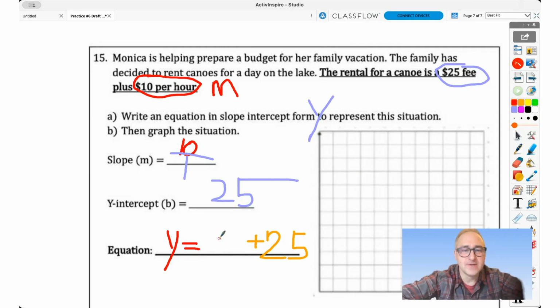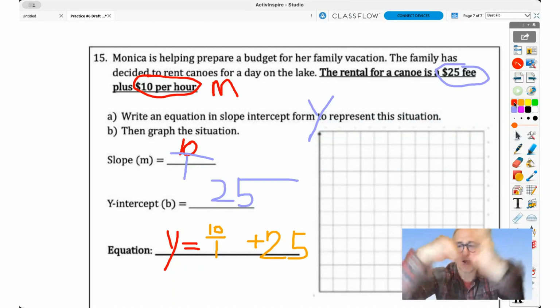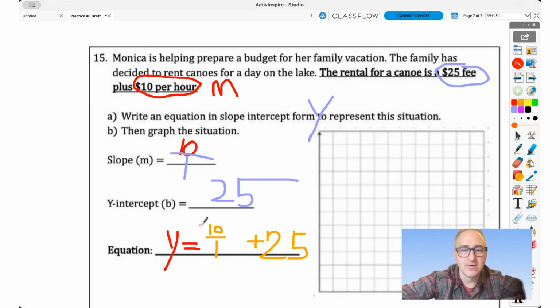And then the slope is 10 over 1. And that's not a slope unless it's with x. And x is hours, $10 per hour. So I'm going to put my x there. And then you're going to graph it. Remember on the graph that you're going to go up 25.